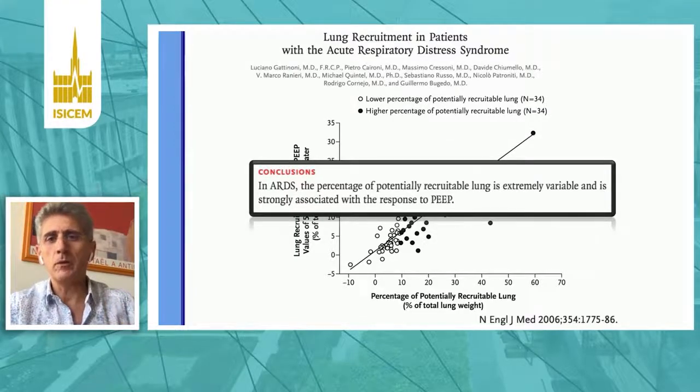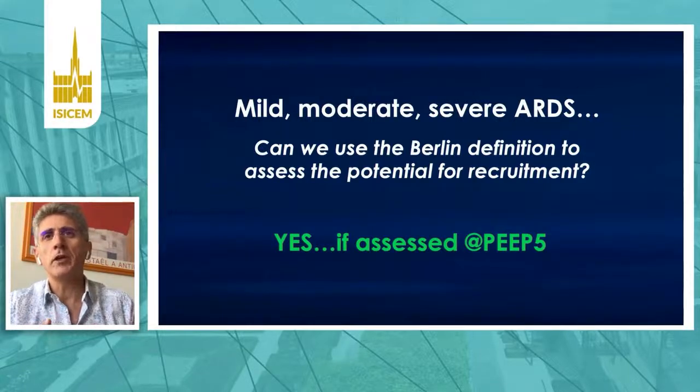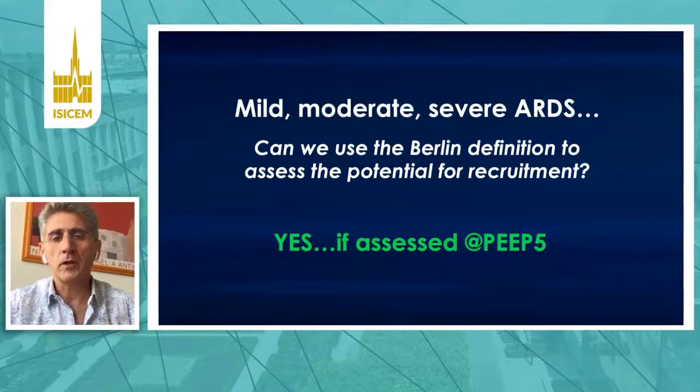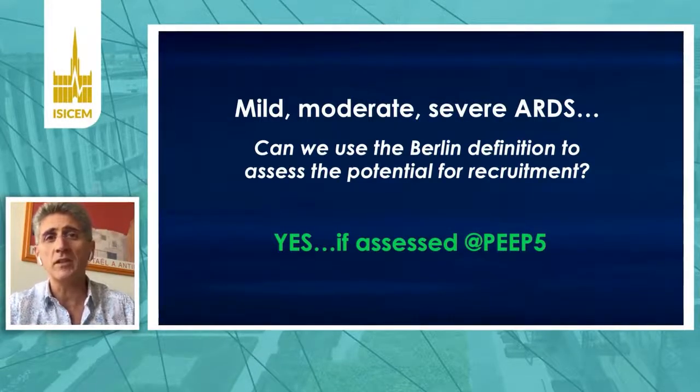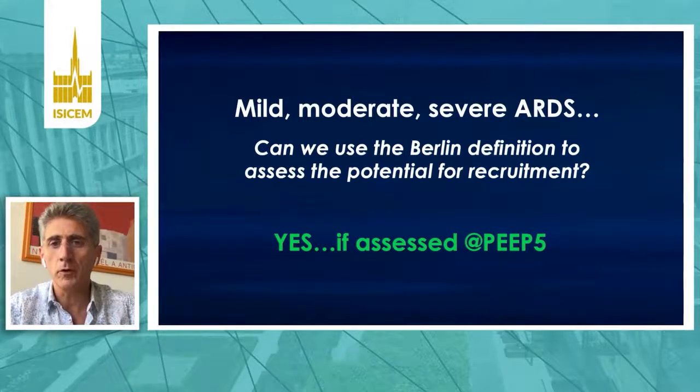So if we step back for a minute, can we identify patients and the potential for recruitment based on the Berlin severity? Can we look at patients with mild, moderate, and severe ARDS and learn something regarding their potential for lung recruitment? The answer in one sentence is yes, if you assess this with a PEEP of 5 centimeters of water.